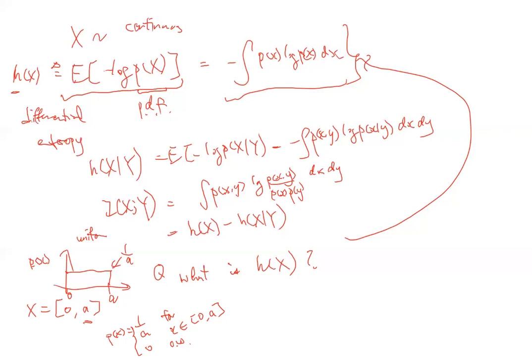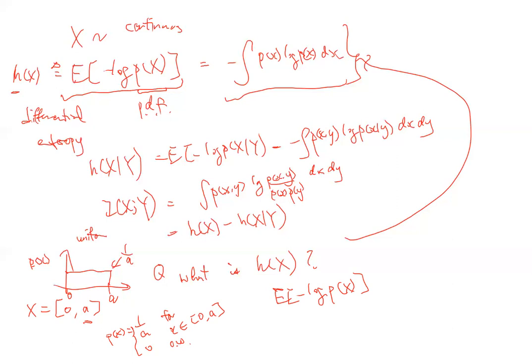So you have h(x) is the expectation of minus log p(x), right? And what's p(x) now? p(x) is actually a constant for the support of that x here.